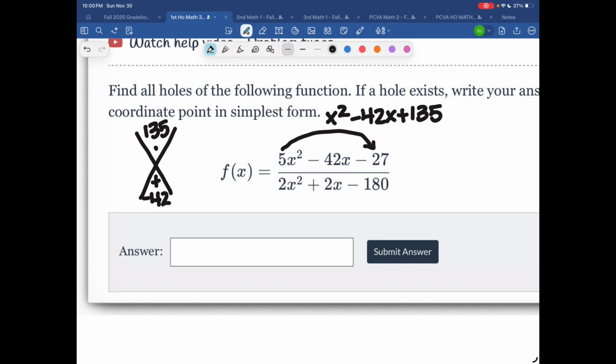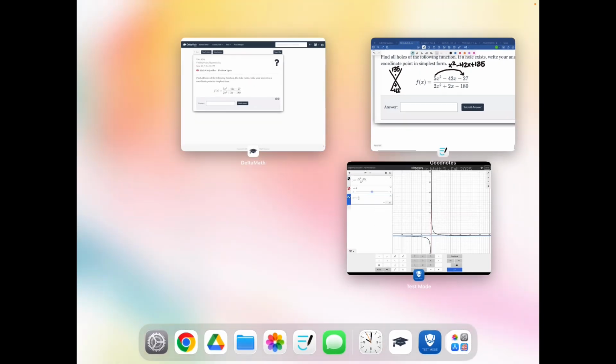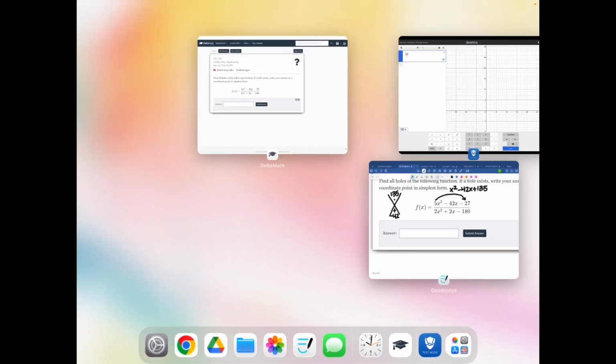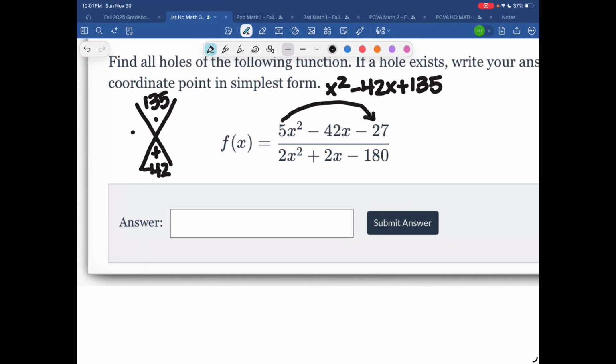You're just going to have to go into Desmos and divide it out until you can find them. So if I do 135 divided by 5, that's 5 and 27. If I do divided by 3, actually 3 works, it's going to be 3 and 45. You just have to divide until you figure out which ones are actually going to work, but we need to make the 45 negative.